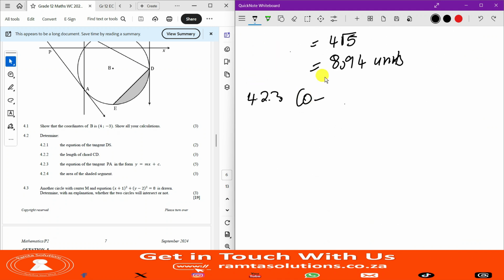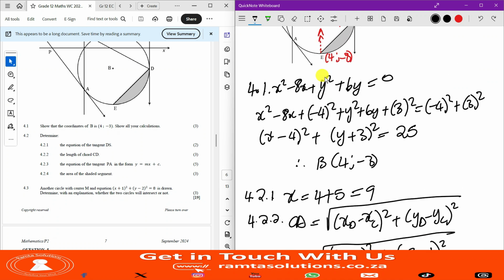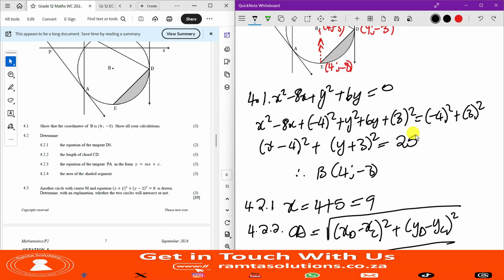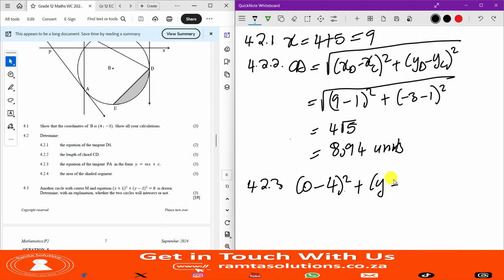So 0 minus 4, all squared, plus y plus 3, all squared, equals 25. So what is this? 16 plus y squared plus 6y plus 9 equals 25, isn't it?